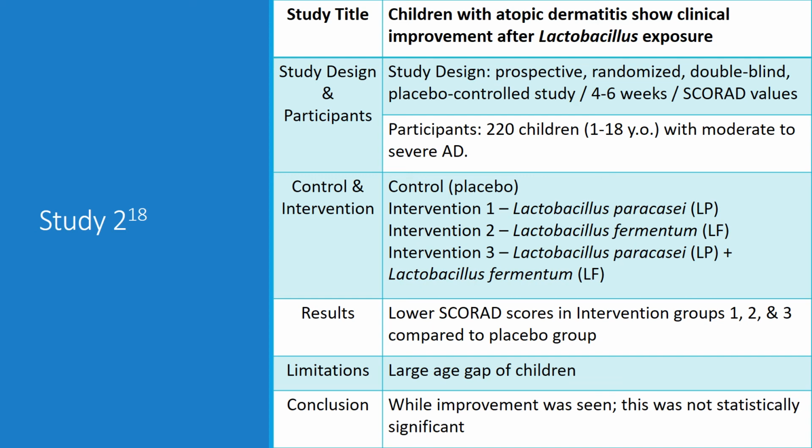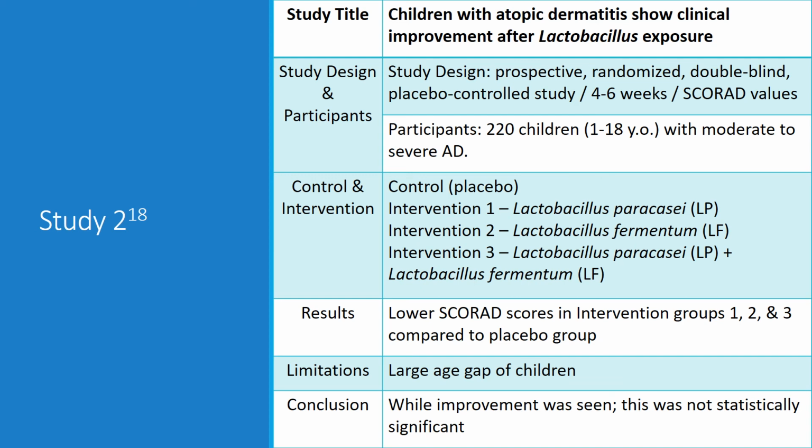The second study looked at a 3-month intervention trial with three intervention groups: Lactobacillus paracasei, Lactobacillus fermentum, and a combination of both. This study also measured SCORAD scores as well as immunoglobulin E levels, among others. And while all three intervention groups did lower the SCORAD measure compared to the placebo group, this was noted to be statistically significant.